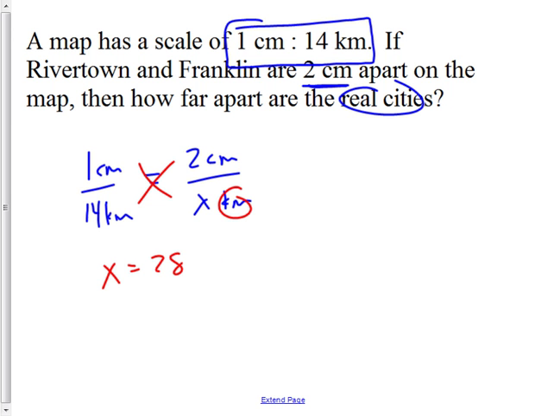And we're looking for kilometers. So whenever you have 1 up here being multiplied with x, it's nice because you won't have to do the second step, which is divide by the coefficient. So what this says is 2 centimeters on the map would equal 28 kilometers, which makes sense. 1 centimeter is 14 kilometers, so 2 would be double that. So that's your last example for lesson 6-5. You can also check the answer key if you have any questions with the homework.